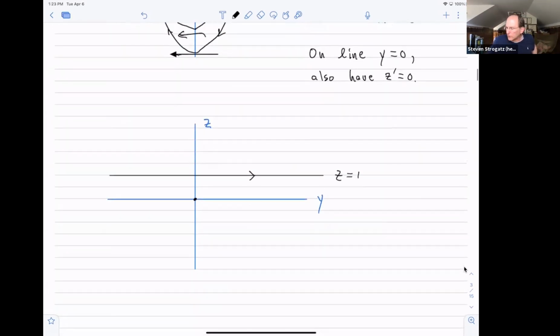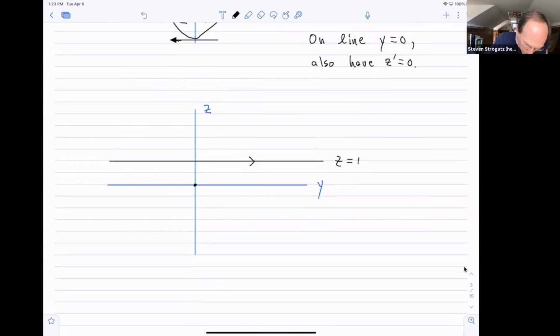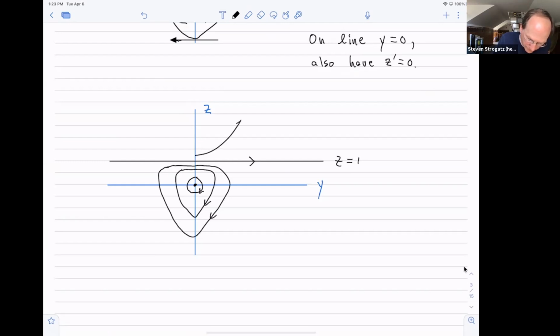Let me sketch it a little cleaner down here. We've got something qualitatively like this, and then these kinds of shapes, and up here, stuff that looks like that.